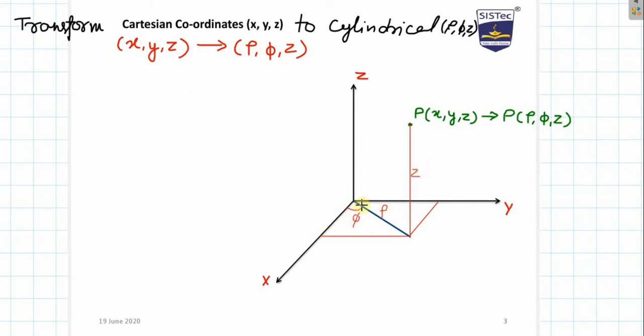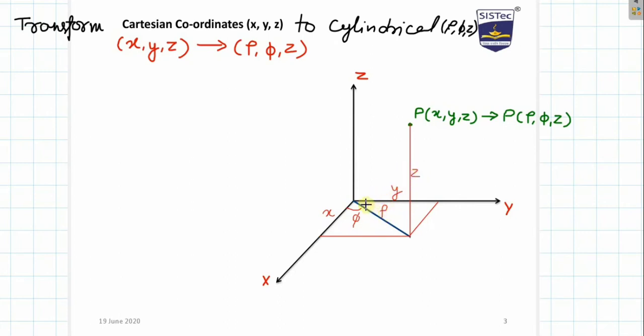And the resolution of this rho vector on the x-axis, that is the x part, let's say it is x, and the resolution of this vector rho on the y-axis is y. Fine. So now we have already developed this relationship, x equals rho cos phi, y equals rho sin phi and z equals z, that we have already discussed.